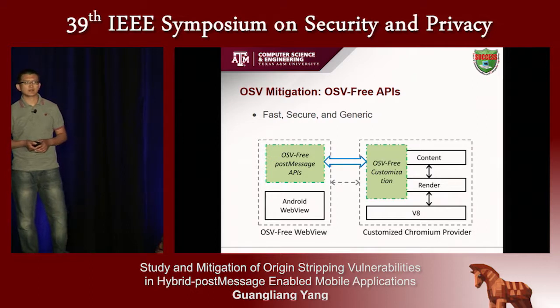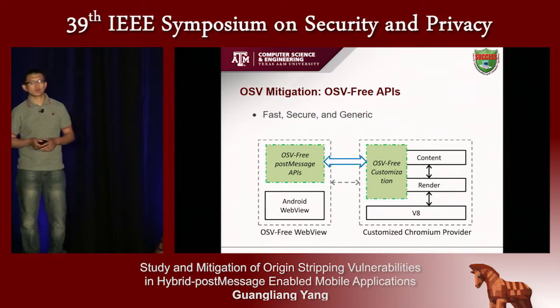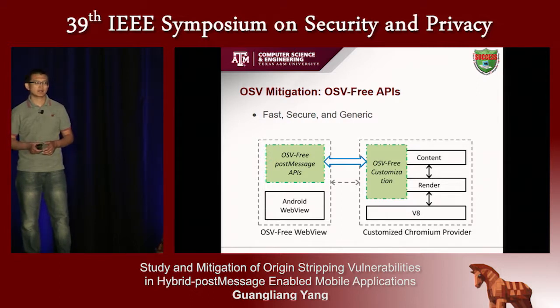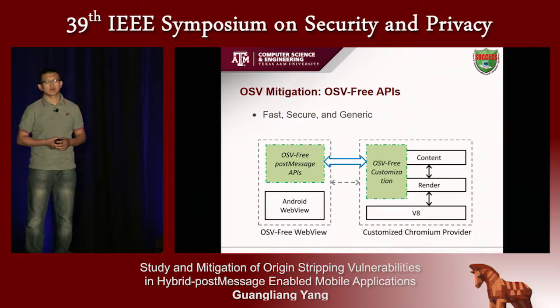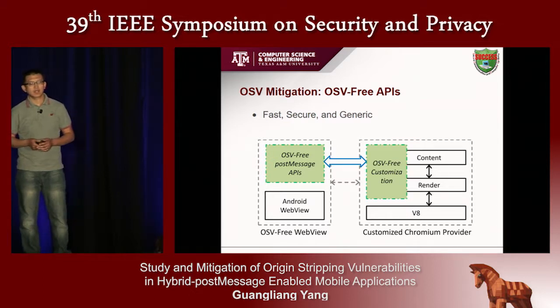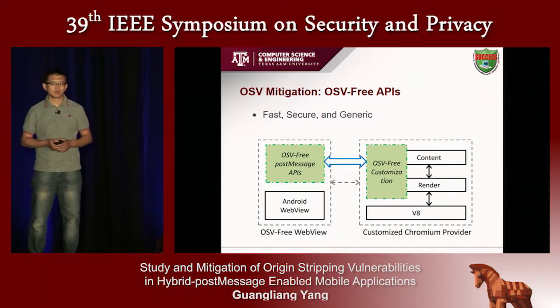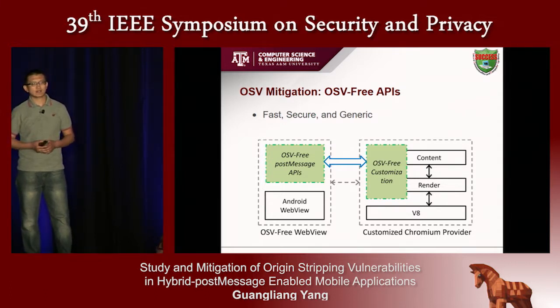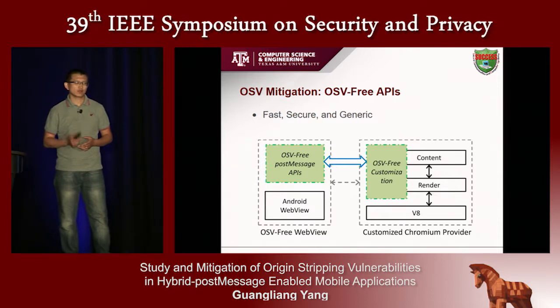The first part is that OSV Free provides rich hybrid-postMessage APIs, and the second module implements some customization in the WebView library, and this customization will support these APIs. And in our further study, we found OSV Free is really fast, secure, and generic.